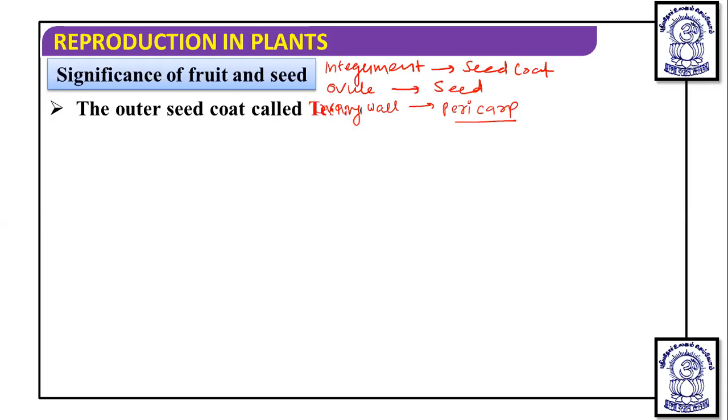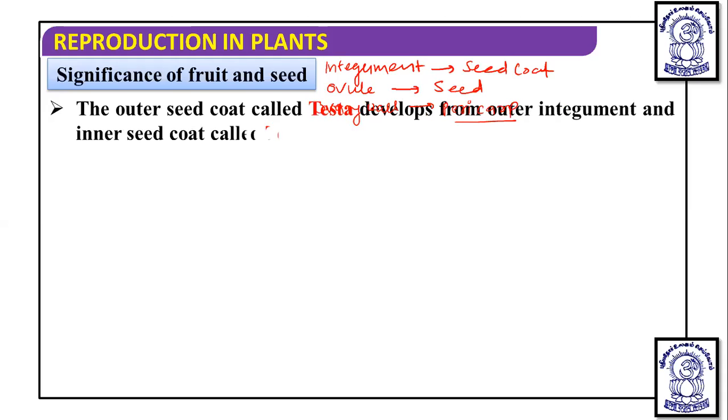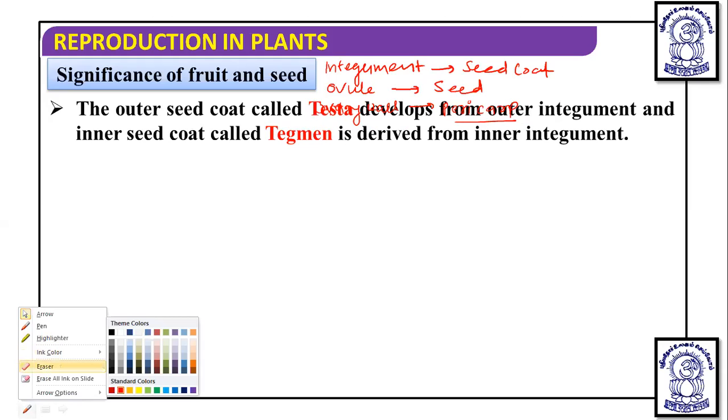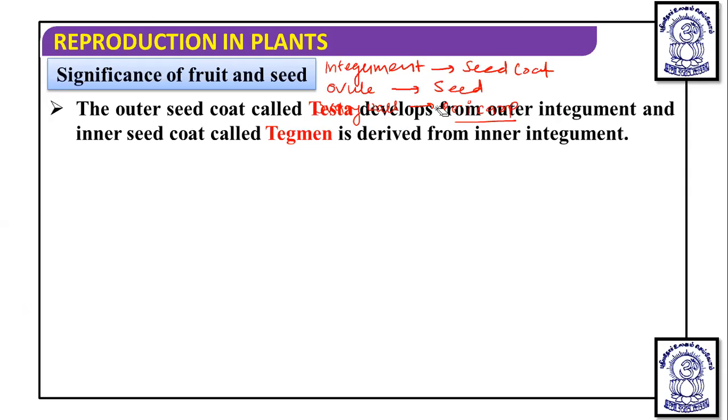Now, when we talk about the outer seed coat, the testa develops from the outer integument, as we have just discussed. And here you can see that the testa develops from the outer integument and the tegmen from the inner integument.